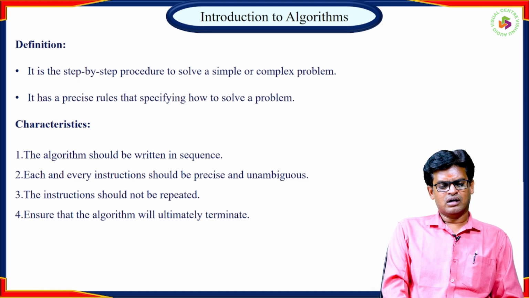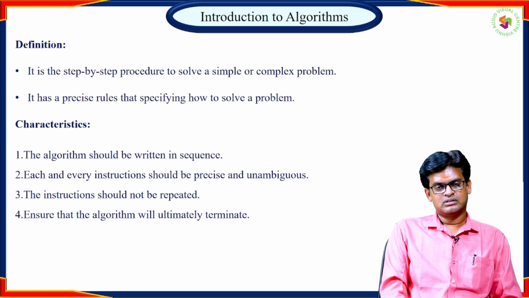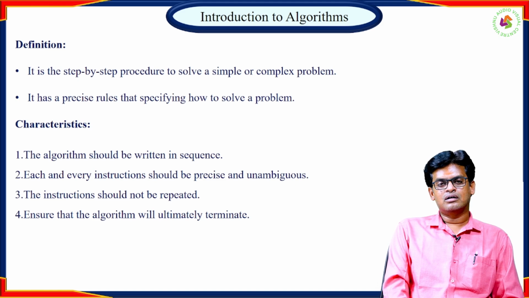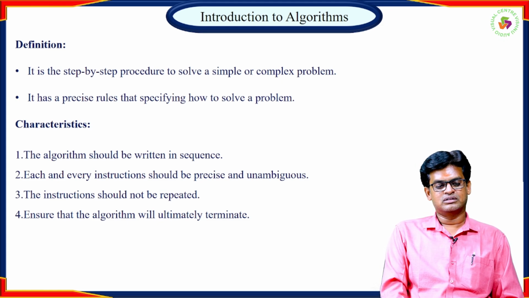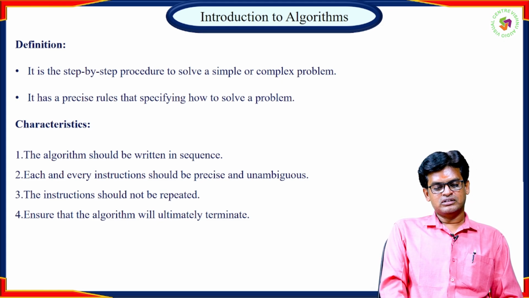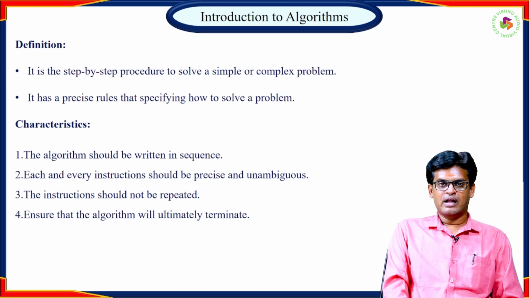The algorithm should be written in sequence, which means it should have a start and an end, and between them some process. Each and every instruction should be precise and unambiguous.